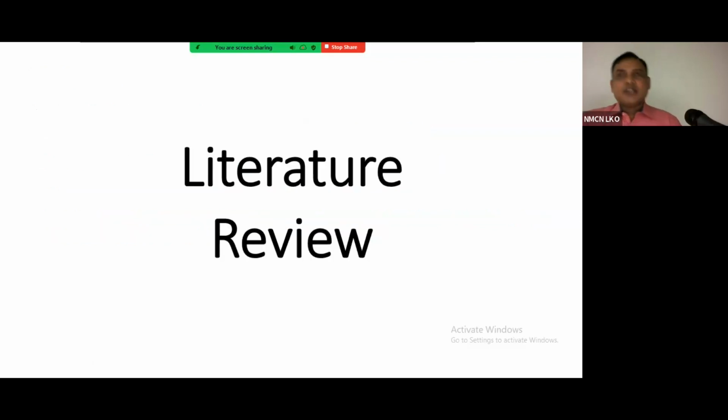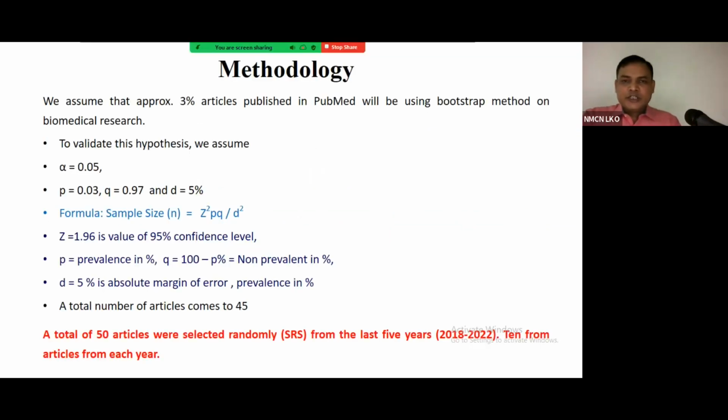Now, we have done some literature review to see the trend of the publication of this bootstrapping. To see this trend, we assume that approximately 3% of articles published in PubMed will be using the bootstrap method in biomedical research.